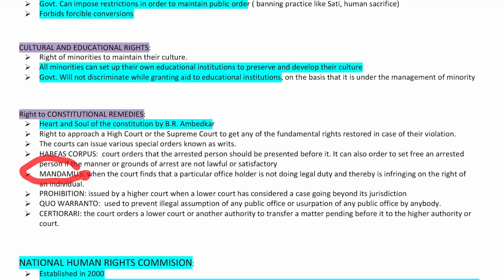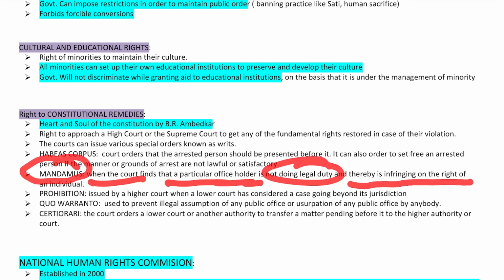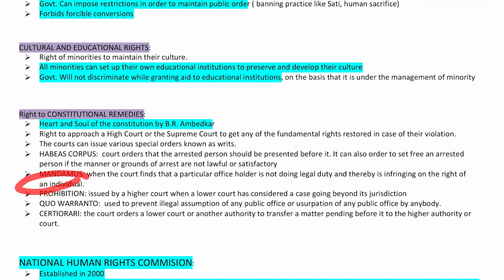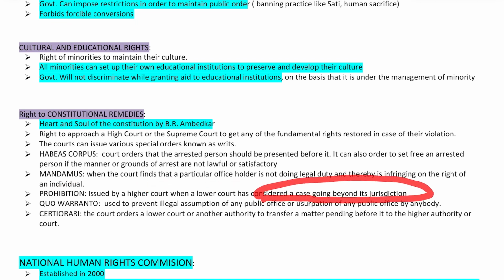Then the writ of mandamus, when the court finds that a particular office holder is not doing their legal duty and thereby is infringing on the right of an individual. Then prohibition and certiorari are for the judiciary. Prohibition basically is issued by a higher court when a lower court has considered a case going beyond its jurisdiction.